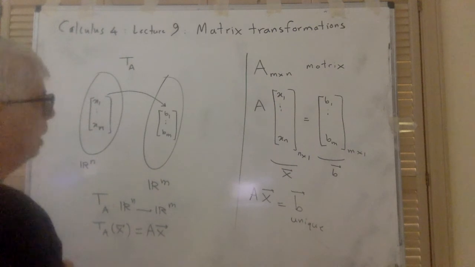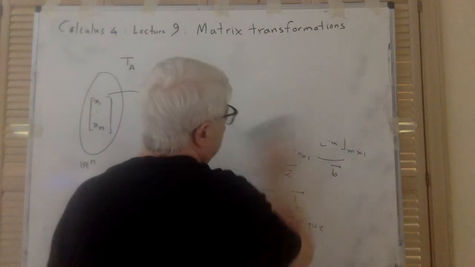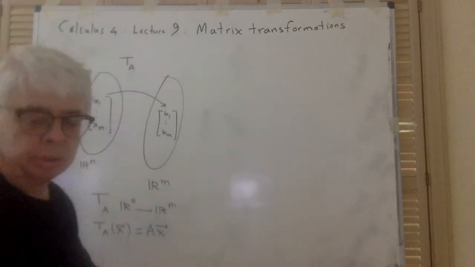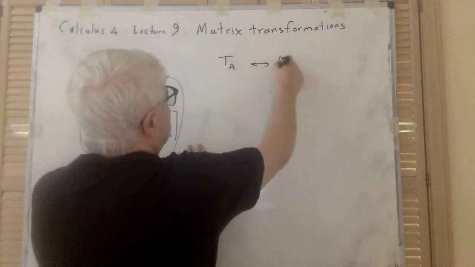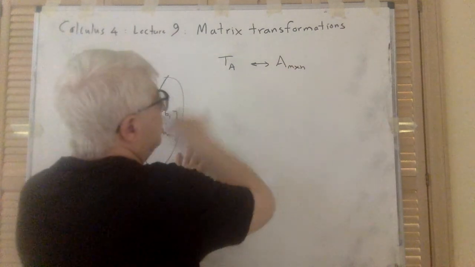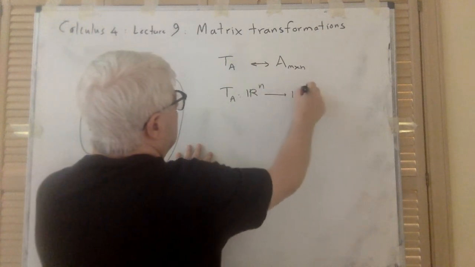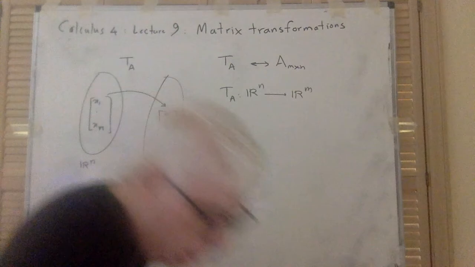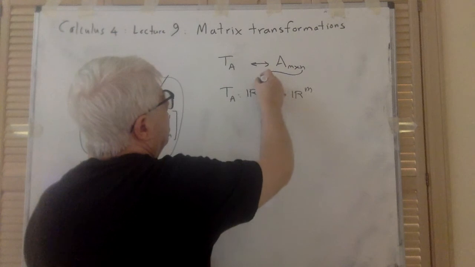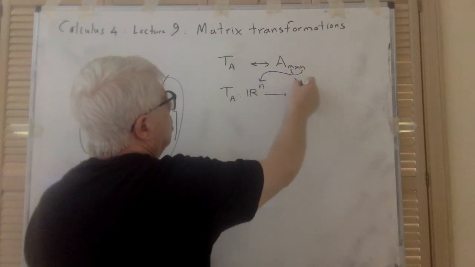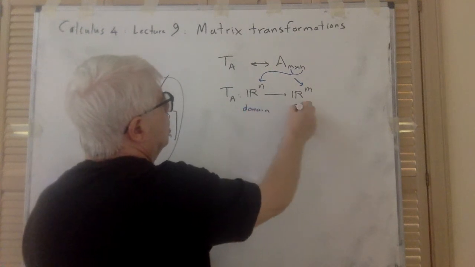So TA corresponds to this matrix A, m by n, and TA is a function from Rn to Rm. Now where do the m and n come from? This n gives me the domain, and this m gives me the codomain.